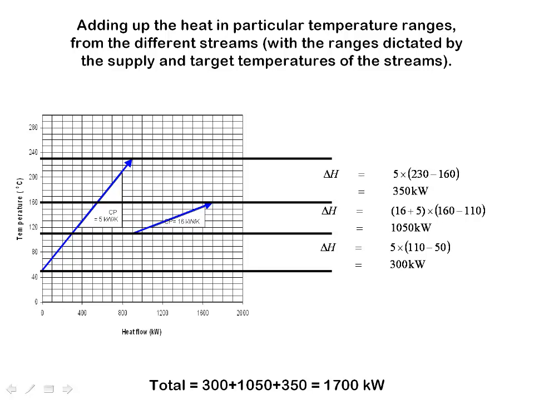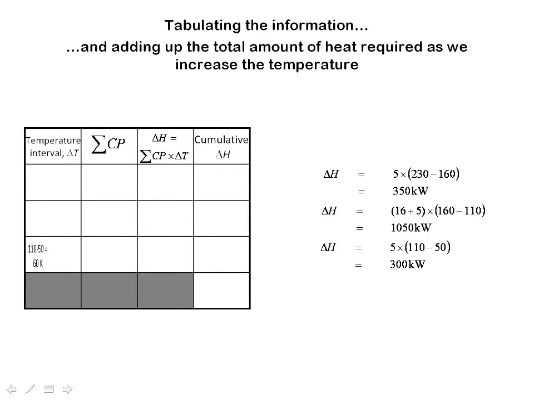So it's the same amount of heat, we've just divided it into temperature ranges instead of dividing it into streams. Once again, we can tabulate the information and add up the total amount of heat that we require as we increase the temperature. And if you want, you can pause the video at this point and do the calculations yourself just to check.